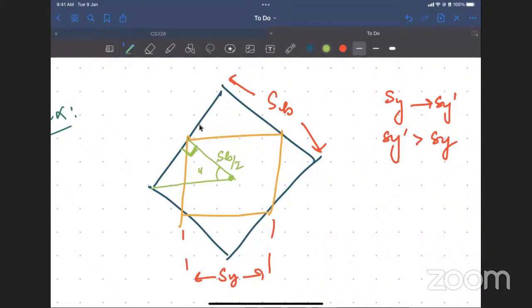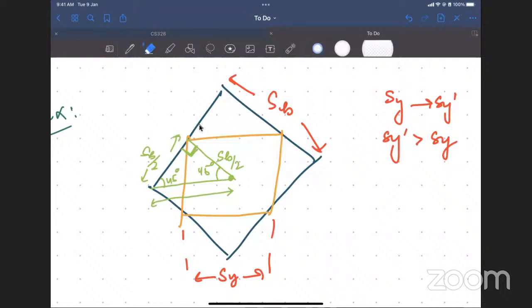Because this is 45 degrees, this is 45 degrees, this is 90 degrees, and this length is SB by 2, and this length will be SB root 2.